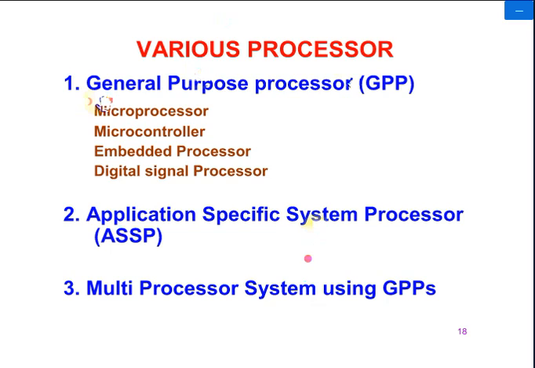In that case we consider multi-processor system. So processors are differentiated as general purpose processor, application specific system processor, and the multi-processor system, which is designed using general purpose processors.